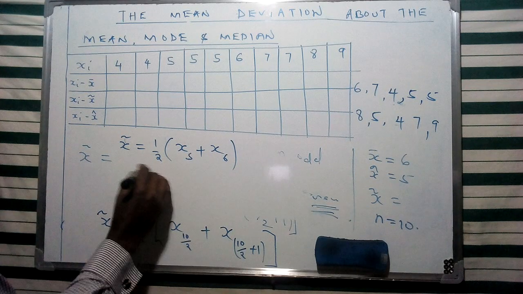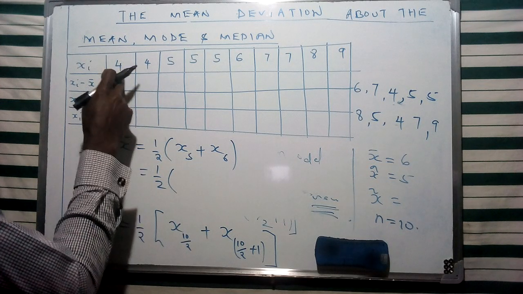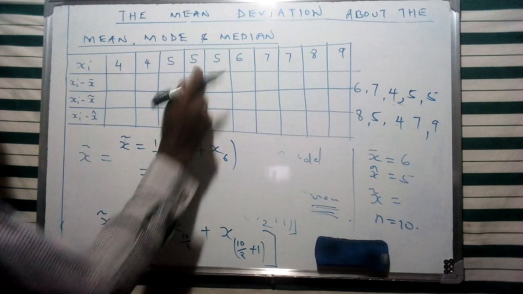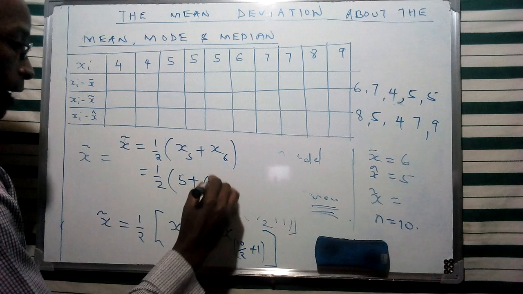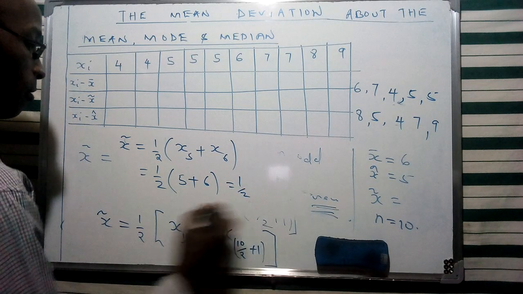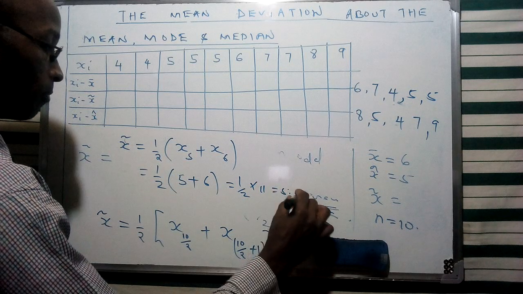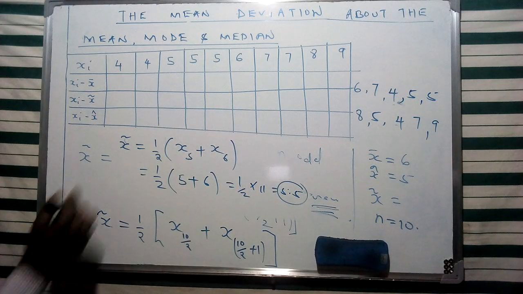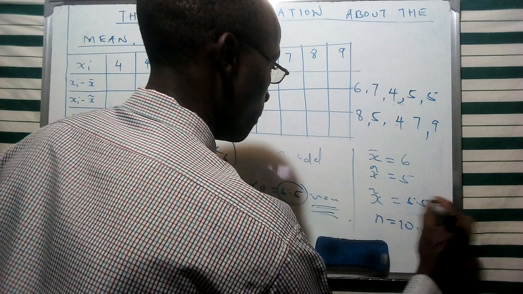We identify the values of this distribution for x1, 2, 3, 4, 5. So x5 is equivalent to 5 plus x6 is equivalent to 6. This gives us 11 over 2, which is 5.5, giving us the value of the median. So we shall have this as 5.5.